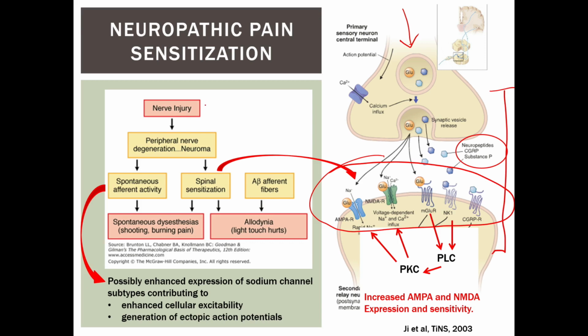When there is some sort of nerve injury, there can be peripheral nerve degeneration, or what's known as a neuroma. And a couple of things can occur. First, there can be spontaneous afferent activity. That is, that afferent neuron carrying the information in begins to fire.